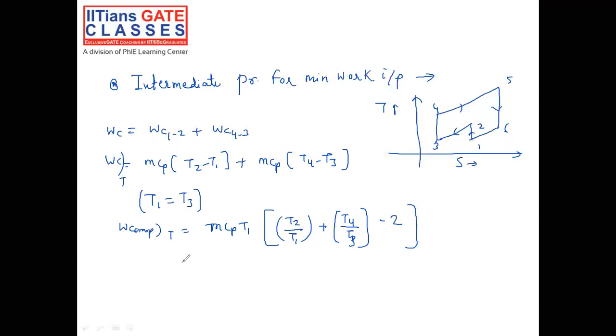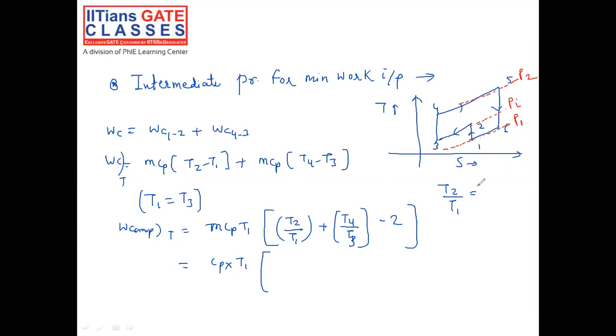Now after that, let's take 1 kg of air, so I can take Cp into T1. Now we know that T2 by T1 is, let's assume this pressure, whatever I'm drawing with the red color, that is P1, that is intermediate pressure Pi, and whatever I'm drawing now, this is P2.